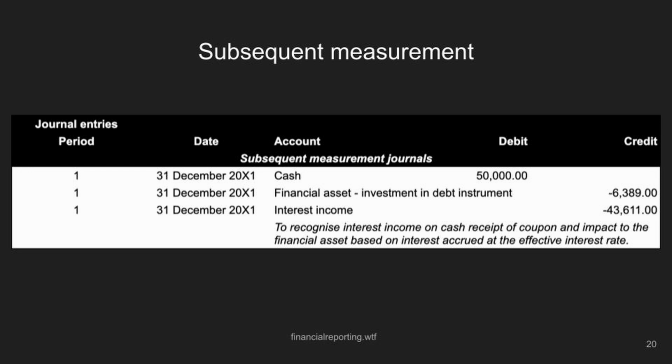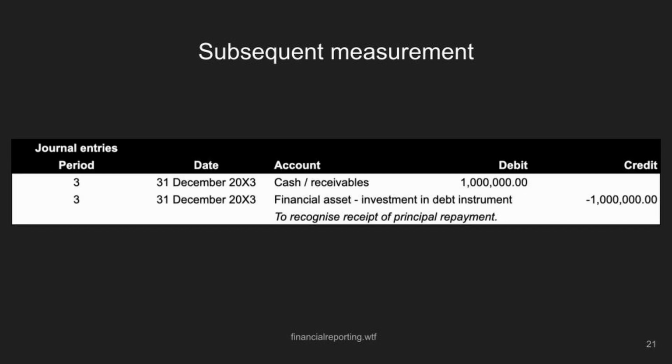The difference between the cash interest recognized and the interest income calculated using the effective interest rate is credited to the financial asset, given it reflects the amortization of transaction costs. This is recognized each period until the third and final period, in which an additional journal is posted recognizing the receipt of the principal repayment.